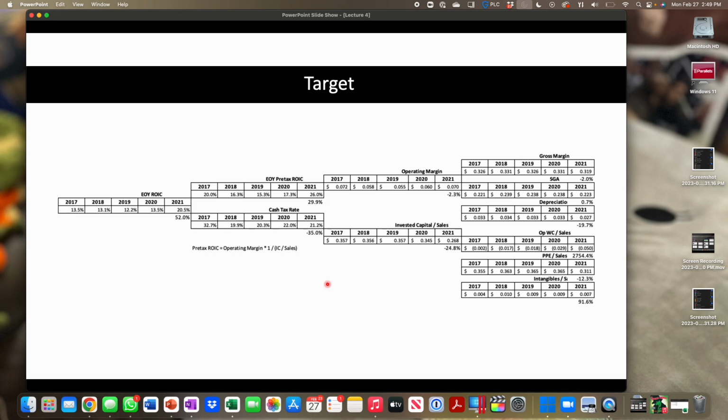Okay, which coupled with a flat operating margin over the 5 years led to a pre-tax ROIC improvement that went from 20 to 26%, coupled with a lower tax rate that went from 32.7 to 21.2, which improved their after-tax ROIC from 13.5 to 20.5. Notice I'm using numbers consistently and throughout, not generalizations. That's the ROIC tree.